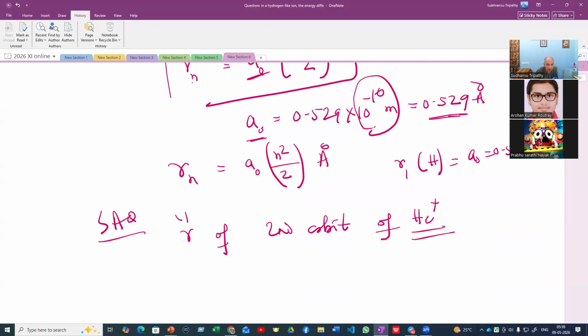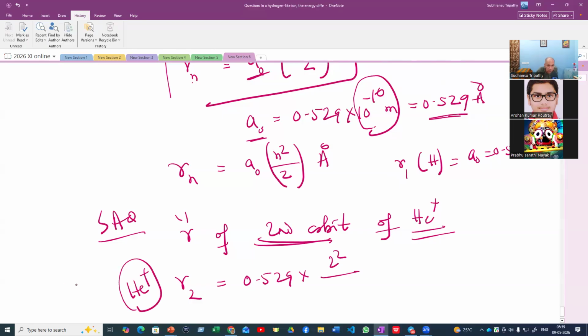So what is the radius? We will use the formula: second orbit means R2 is equal to a naught, fixed, 0.529 angstrom, n square, it is the second orbit, 2 square, and He plus has 2 protons in its nucleus, so simply 2, n square by Z, not Z square, by Z. So 2 gets cancelled, so it will be 2 times 0.529 angstrom, which is 1.058 angstrom, the radius of the second orbit of He plus.